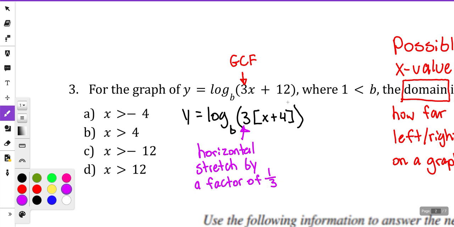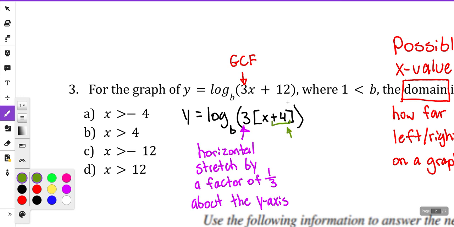I multiplied all my x values by 1/3, the reciprocal, about the y-axis, meaning that when I was stretching it, I was getting closer to or further away from the y-axis.